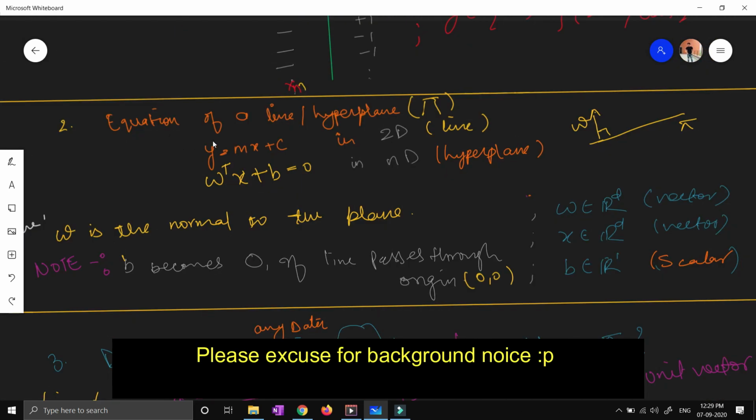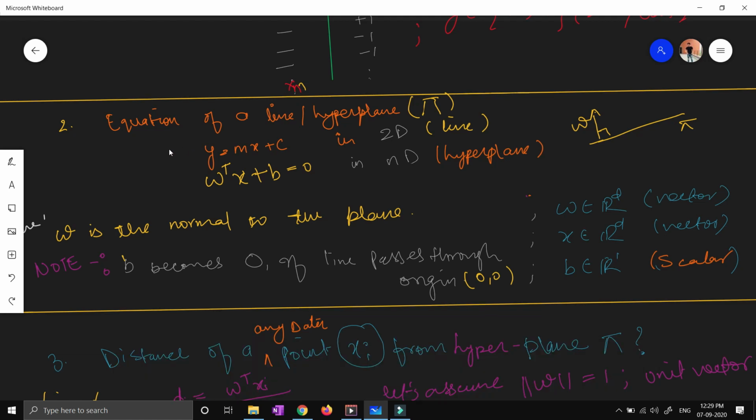The second step is the equation of a line and a hyperplane. Before starting logistic regression, we should know from linear algebra what the equation of a line or a hyperplane is. In 2 dimensions, the equation of a line is y equals mx plus c.